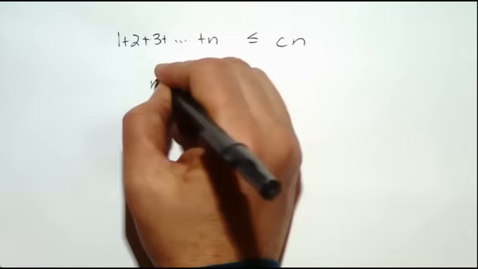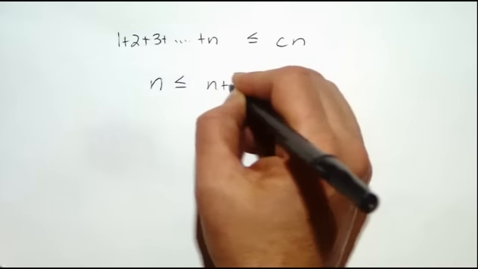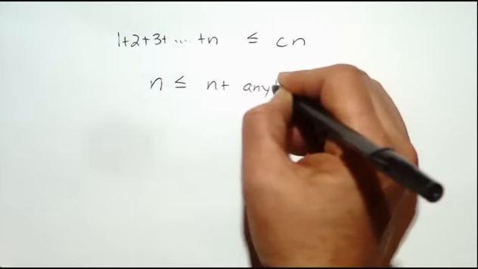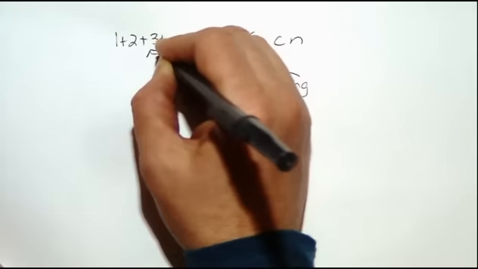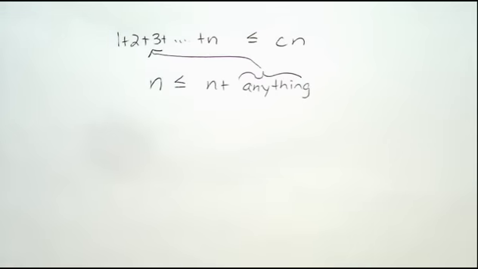Because n is actually less or equal to n plus anything, and this is definitely something, right? Oh, we'd like to pick that c equals n, but it has to be a constant, so it can't be n. 7? Okay, let's pick 7.